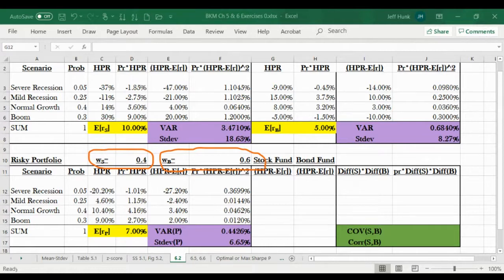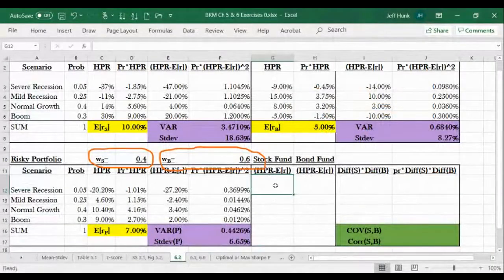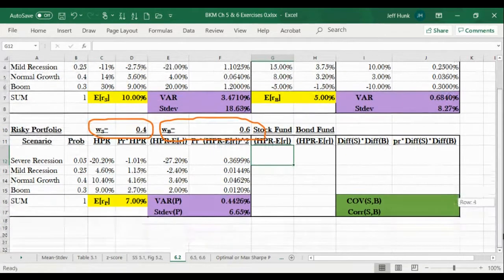I can't copy that, so you will see later what we need to do for covariance.